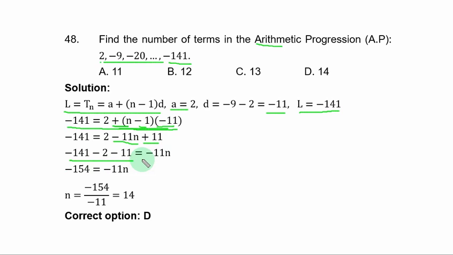Then you have minus n minus 11n on the right hand side. So you have this result, divide both sides by minus 11 and you have n equal to 14. So you have 14 terms in that AP. D is the correct option.